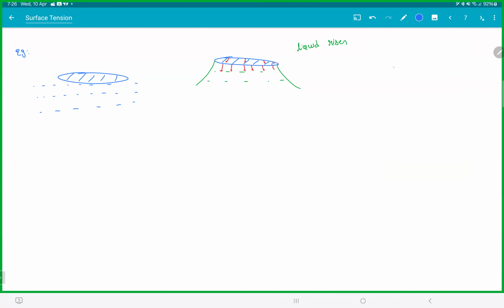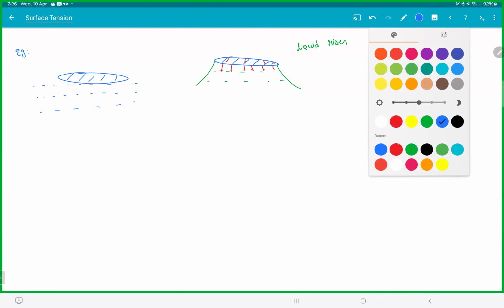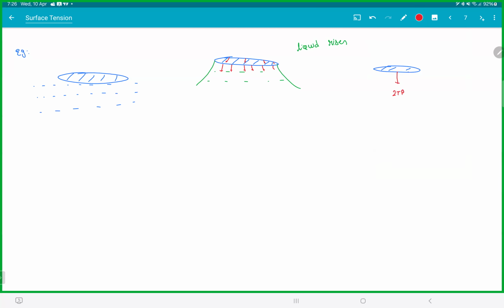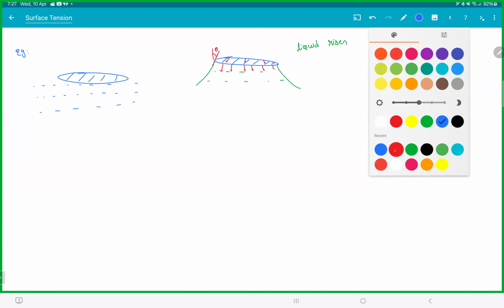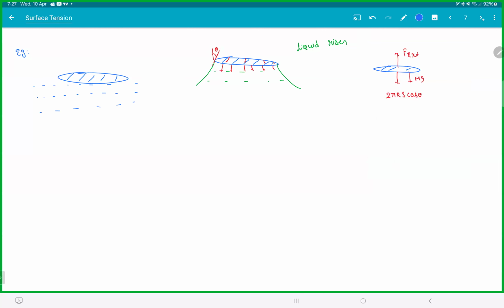If you take the disc FBD, you'll observe there is this component 2 pi r s cos theta and the disc weight mg. So someone has to pull out with F external. If I take this angle to be theta. If you put something on a water surface and pull it up, the water level actually rises slightly. You can do the same thing with an annular disc also. If you make a disc with inner and outer radius and pull this up, you'll notice the same thing, but the shape will be a little different.